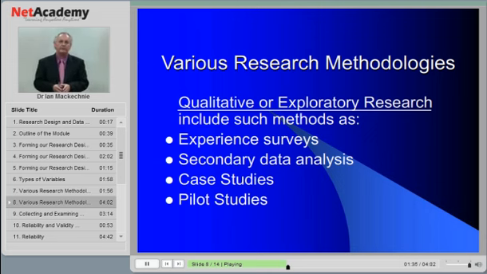A very common form of qualitative research is the case study, looking perhaps at a company or a number of companies and trying to understand what is happening, what sort of factors are involved in a particular situation in a company at a particular time. And these are common forms of qualitative research, which are very, very important, and students that are thinking about research topics are not discouraged from undertaking this type of research.